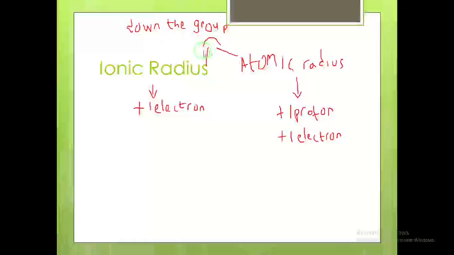So for down the group for both of them, there is an increase in what? Radius. So the ionic radius increases down the group, same with the atomic radius, because of this addition of shells.